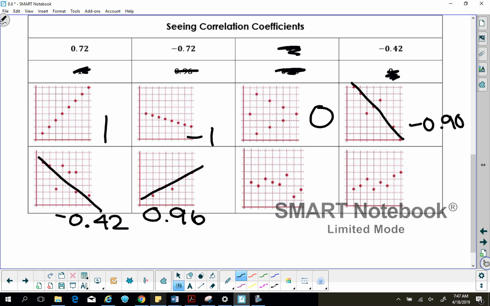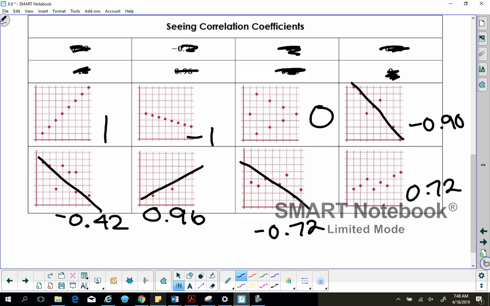What about this one? It falls pretty close to the line. Angel, what do you get for this one? -0.72, perfect. And that means this one is what, Damon? 0.72, perfect. Does that make sense, how we do that? Y'all got that?